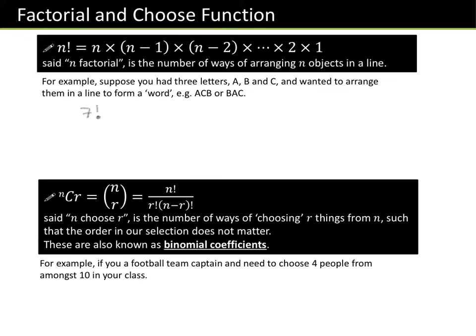Got it on chalk mode. 7 factorial means 7 times 6 times 5 times 4 times 3 times 2 times 1. Okay? This is what it means. So if I was to say 3 factorial, what does 3 factorial mean? 3 times 2 times 1, which is 6.